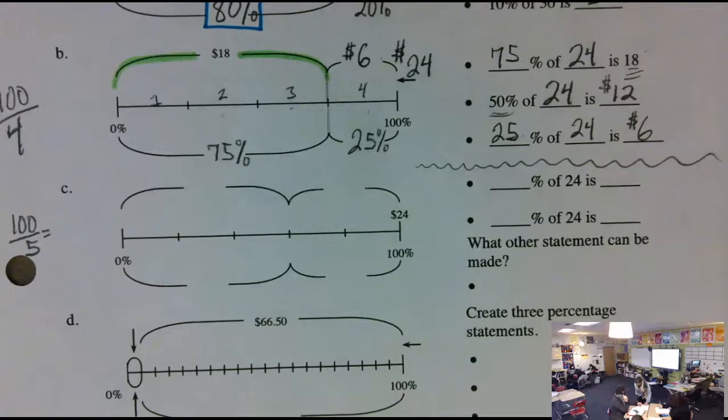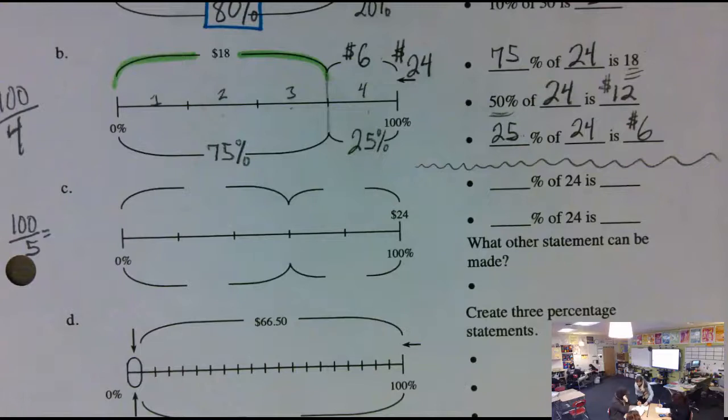Now we could start by saying what is 20% of 24? What if we start at 10%? What's 10% of 24? To find 10% of something, we divide by 10.